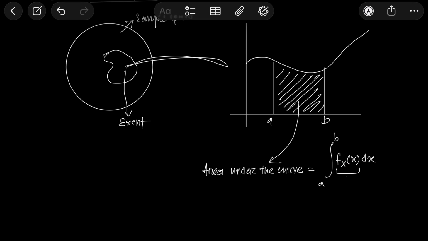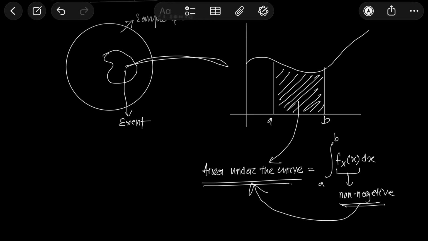This must be non-negative, and if you think more about it, the reason is that the area under the curve must not be negative. Okay, now you are clear, I think.